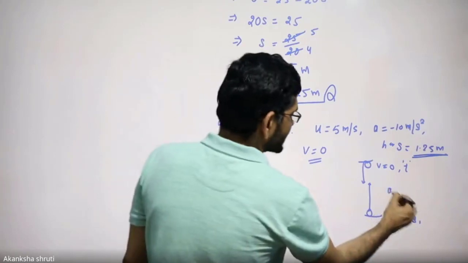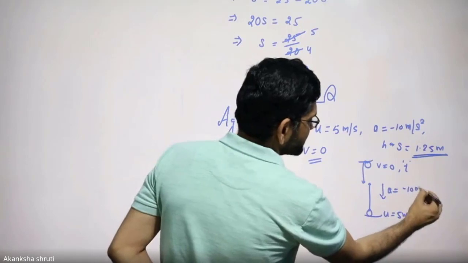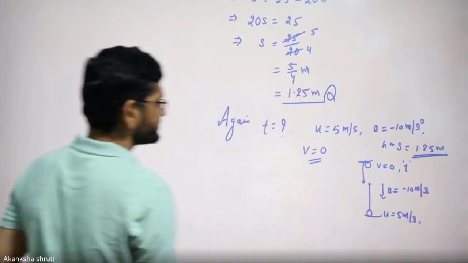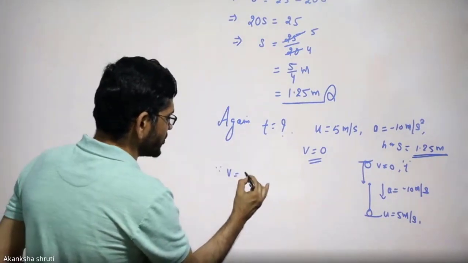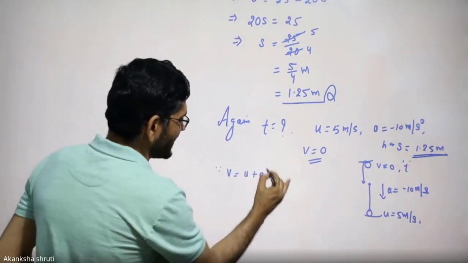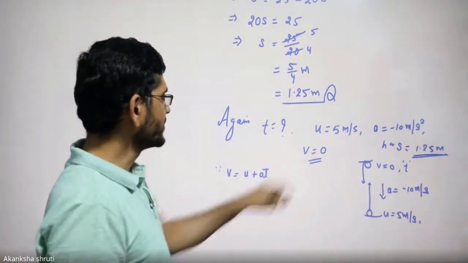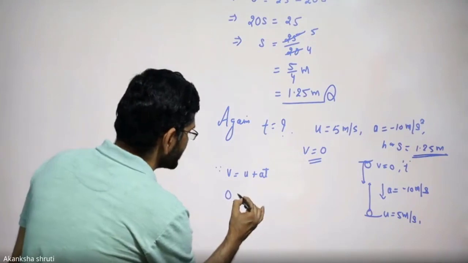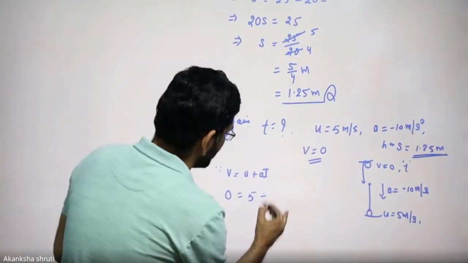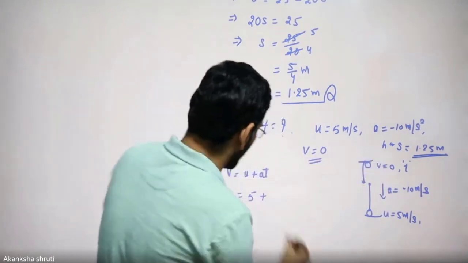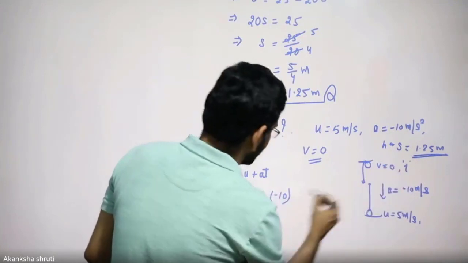In between, the acceleration is acting downward, and it is minus 10 meter per second square. Okay, students? So recall the formula v is equal to u plus at. At maximum height, v is 0 and u is given as 5, plus a is acting downward, so it is minus 10, and t is what we want to calculate.